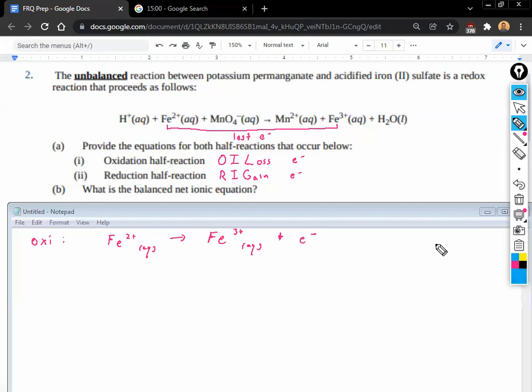Now we're going to take a look at the reduction reaction, so we're looking at which one gained electrons. Let's look at the ions again. Here we need to look into the actual molecules in order to figure out which one got reduced. If we look at H+, the oxidation number for H+ is +1, because for an ion it's just the charge.